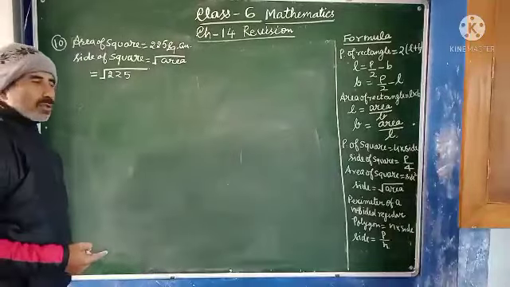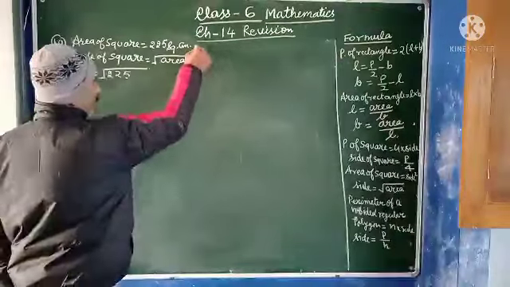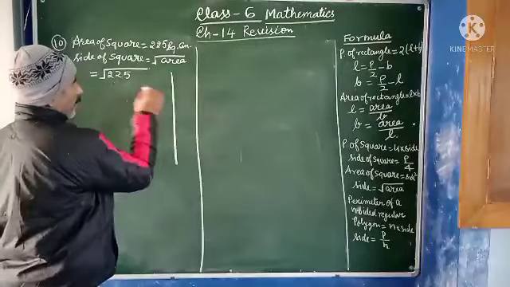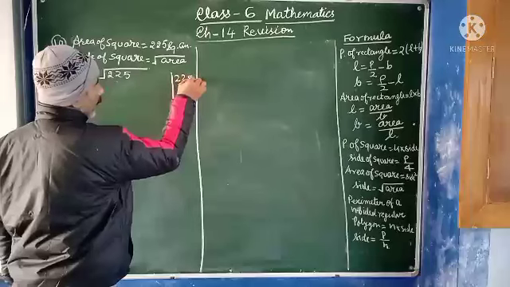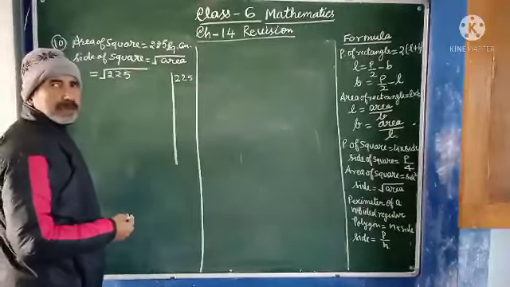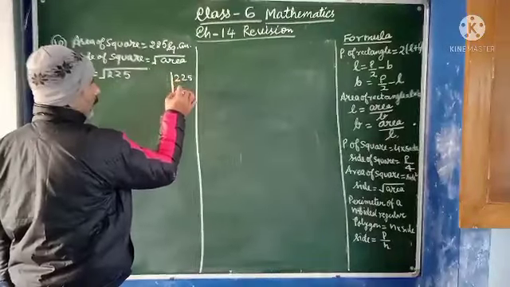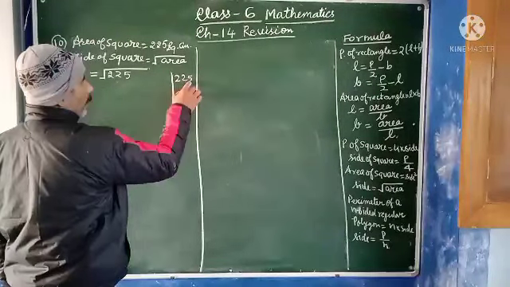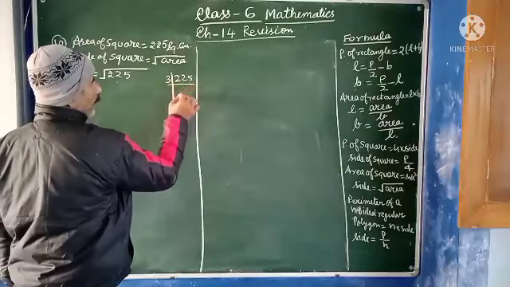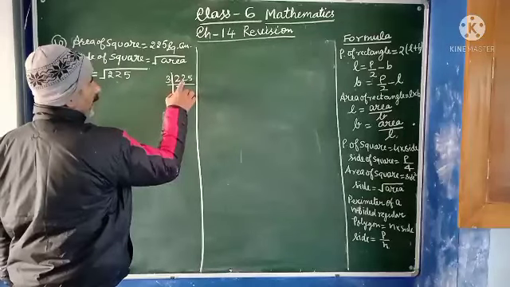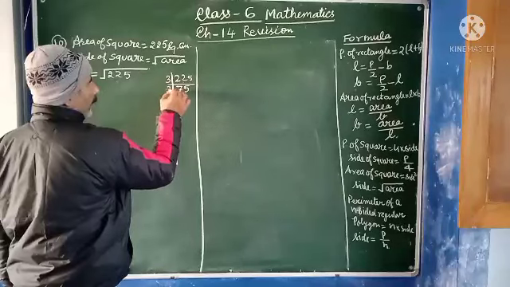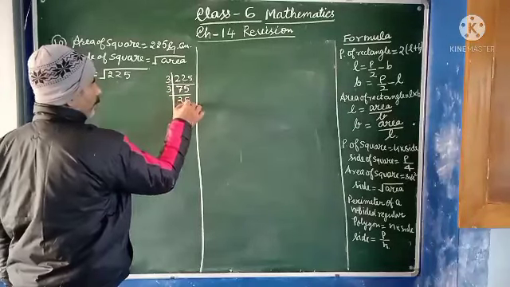Now how will we find the square root? A simple method for finding the square root is to write the prime factorization of this number 225, which you have already learned in finding the LCM. So 225 is divisible by 3. We will divide it by 3: 3 7s are 21, 15, 3 5s are 15. That gives 75. Again by 3, 25.